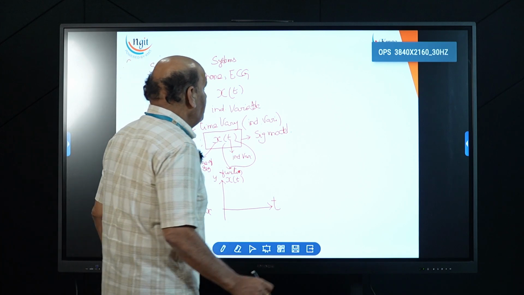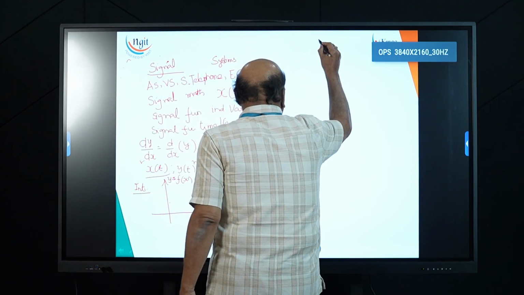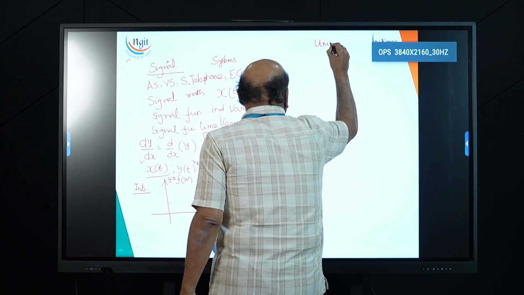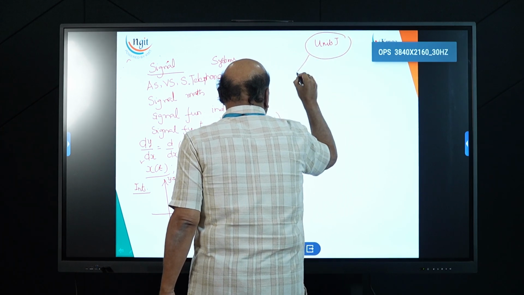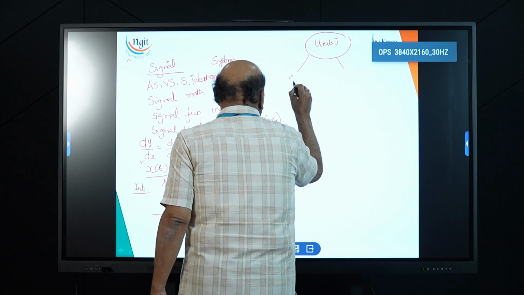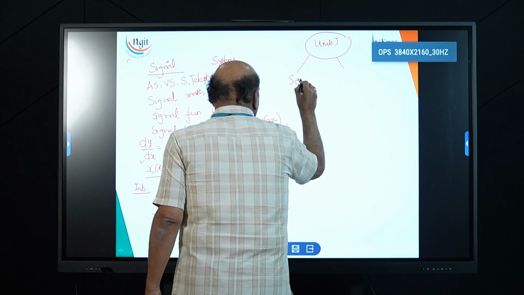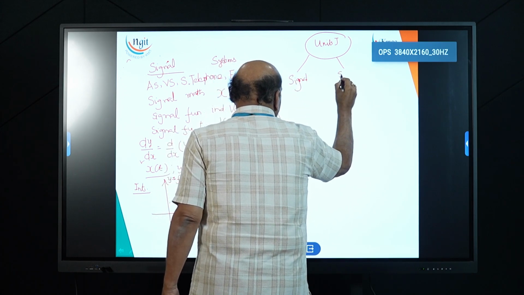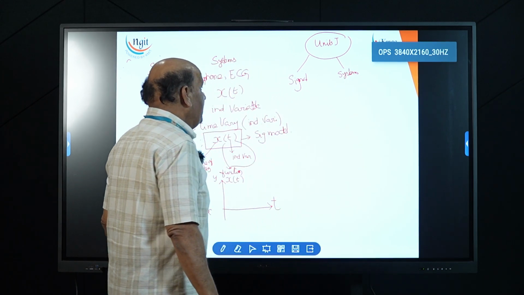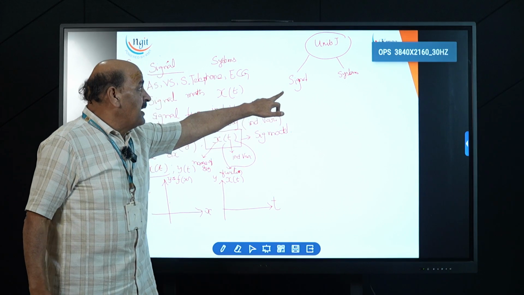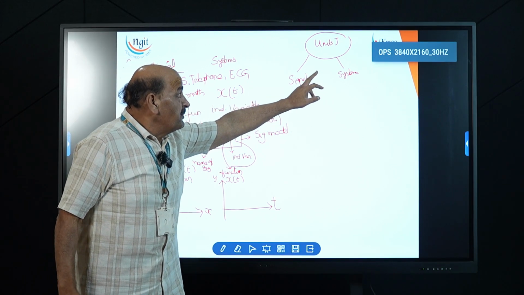Actually, in the first unit, just like all other subjects, the first unit is divided into two parts. One is called signals, the second is called systems. We can make them sub part 1 and sub part 2.